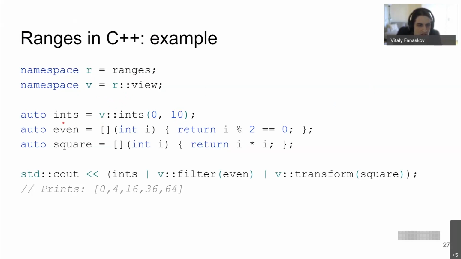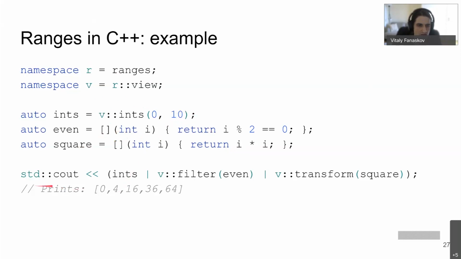At this point, just a lazy object, kind of a generator, is created, but nothing is evaluated. So it does not return, for example, a container like a vector of 10 elements. Here is just a lambda to check whether a number is even or not, and then to apply a square transformation to an element.